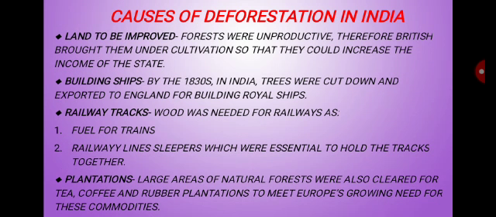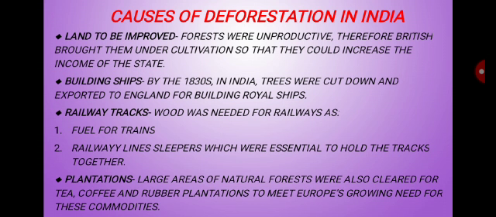If they use this land for cultivation, new crops can be grown and they can fulfill the requirements, the demands of the people, which were increasing day by day. So using the land for cultivation was one reason behind deforestation.